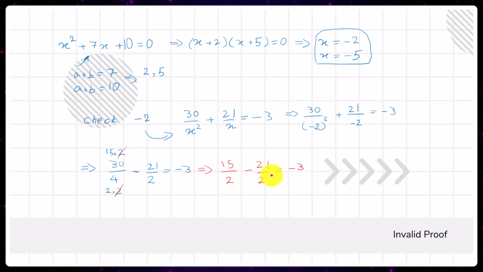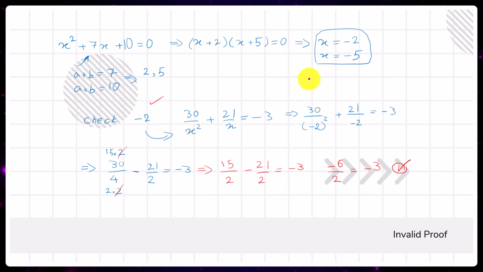Now you can see that these two divisions have a common denominator, so we don't need to do any extra steps. So 15 minus 21 is -6, divided by 2 equals -3, which is of course correct. -6 divided by 2 is of course -3, and the first answer checks out.